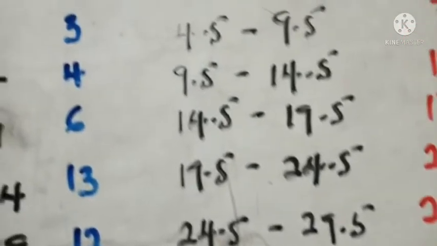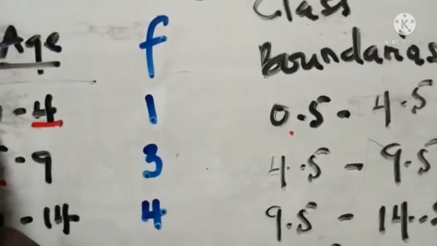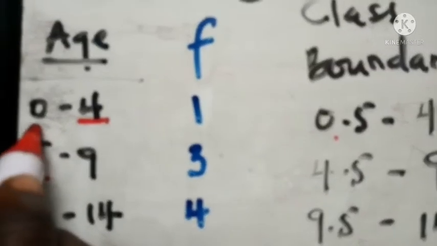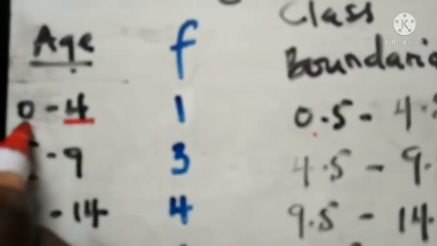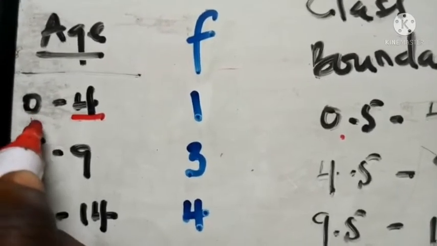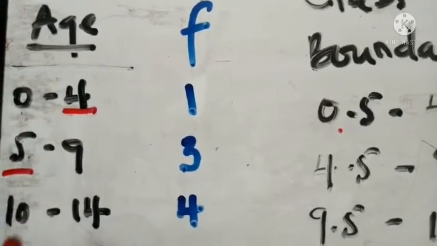So what are you going to do with the 0.5? You start with the 0.5. Since here is 0, we cannot start from 0. You would subtract 0.5 from the 0, but we don't have anybody that is less than 0 yet.